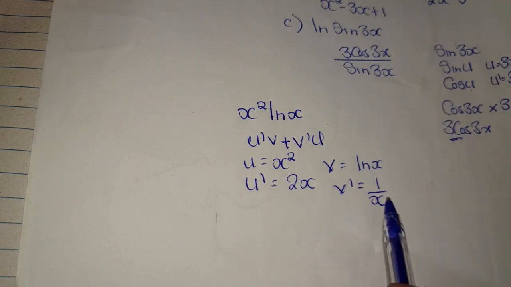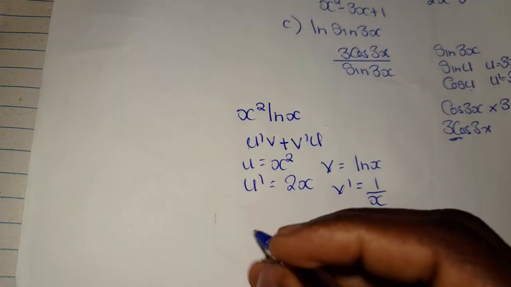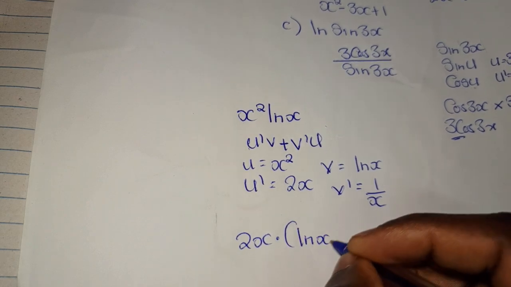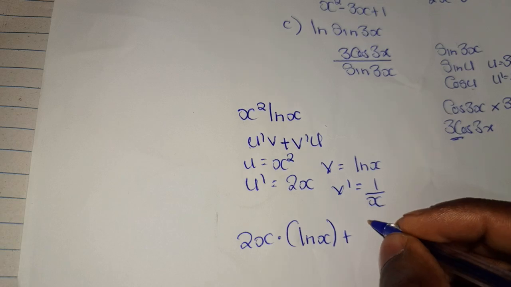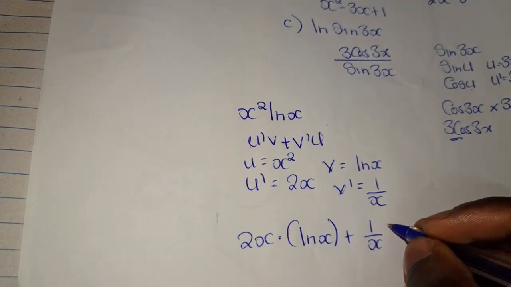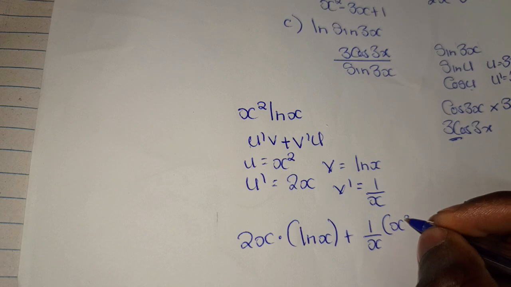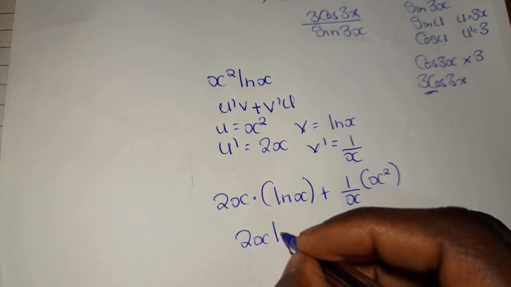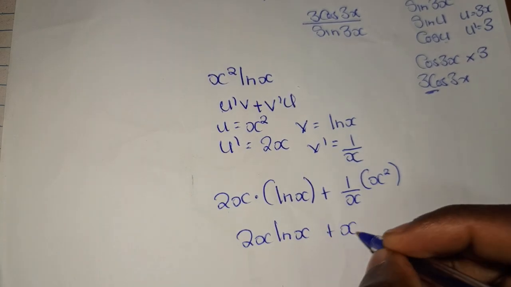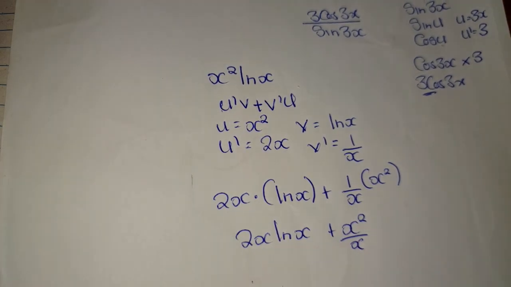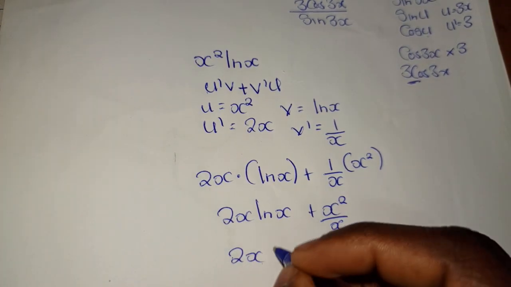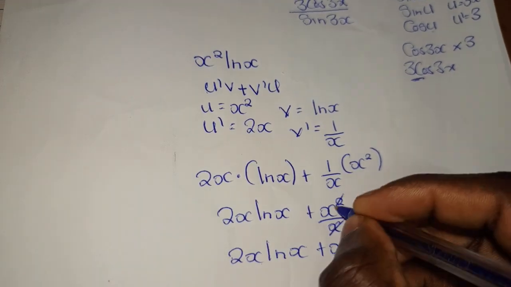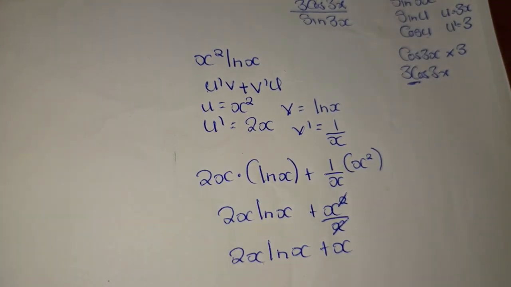Then from here you just get this and replace in the formula. You know to say u prime is 2x and v is ln x, plus v prime is 1 over x and u in this case is x squared. So from here this times that will give us 2x ln x plus x squared over x. Then the final answer will be 2x ln x plus x, because 1x here can cancel with the 2 there.